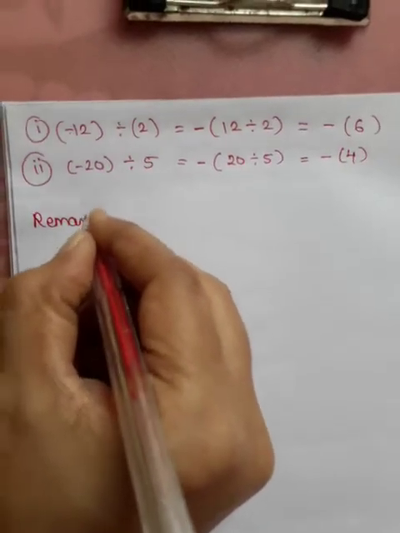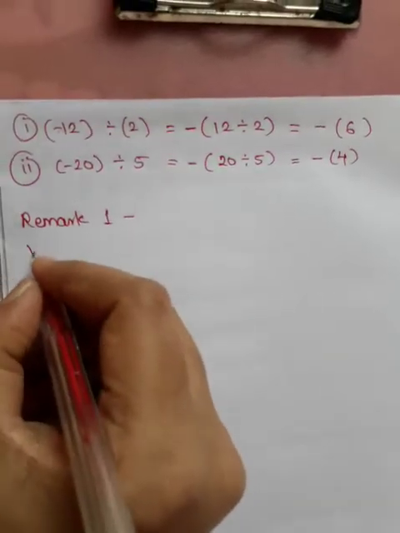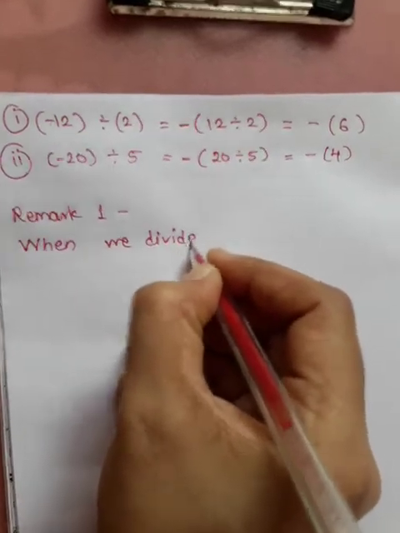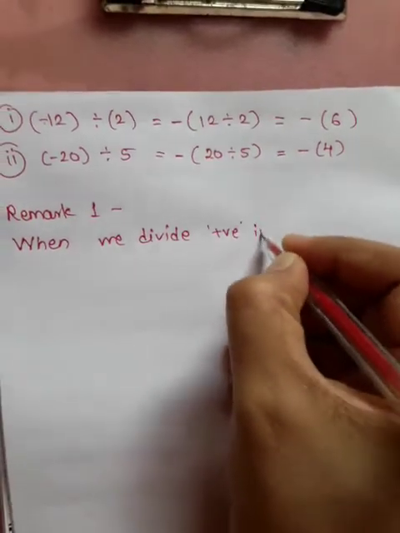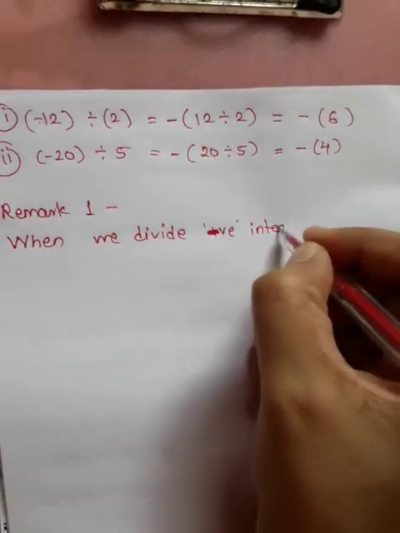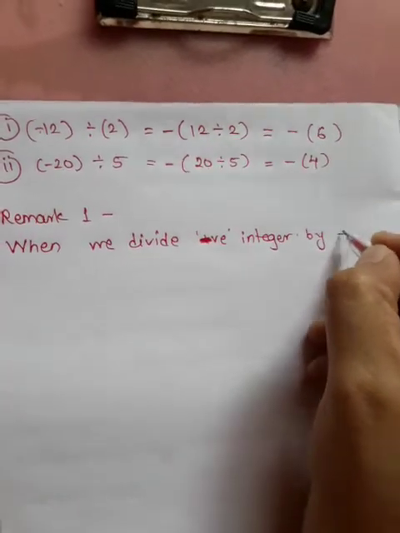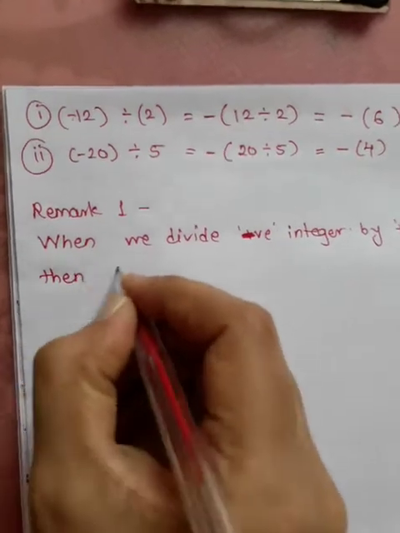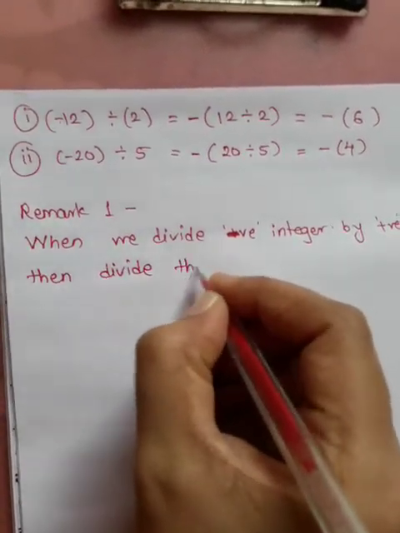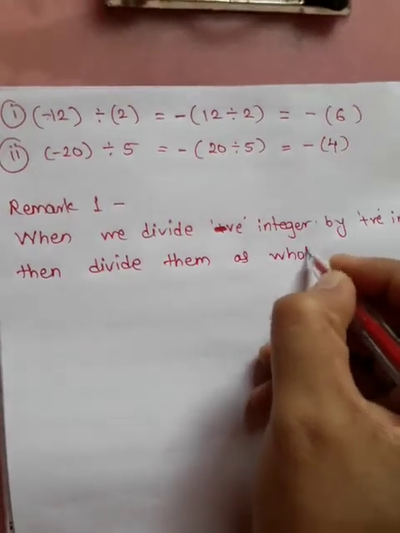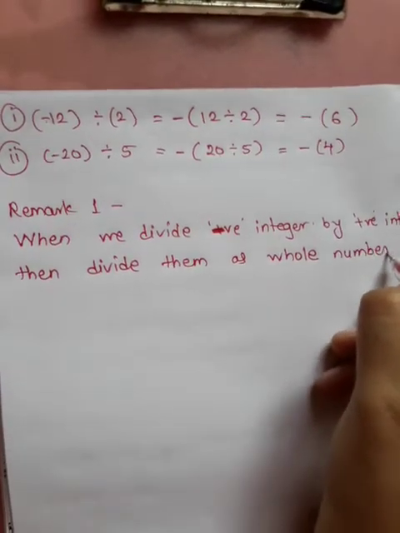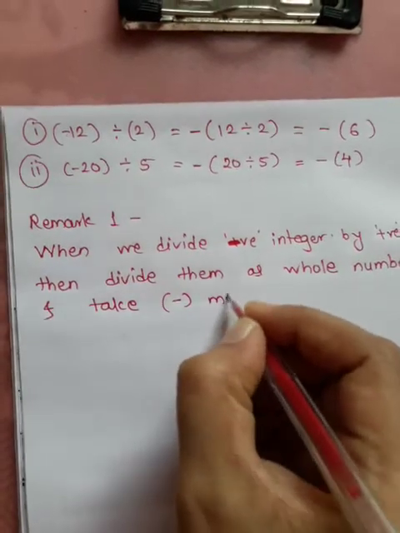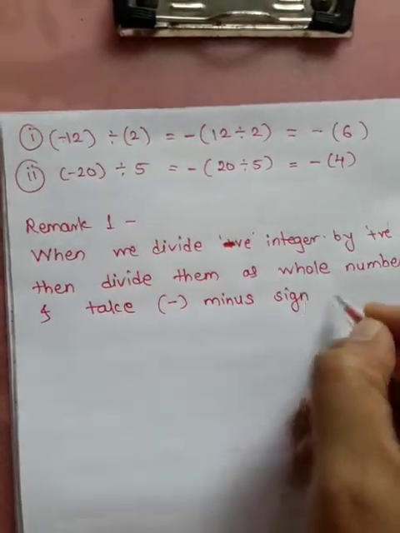Remark 1: when we divide a negative integer by a positive integer, then divide them as whole numbers and take the minus sign outside.